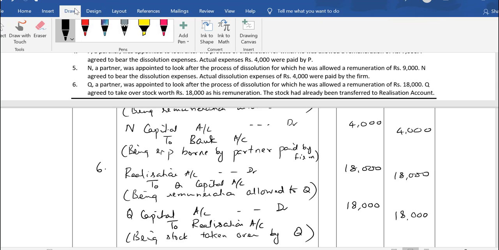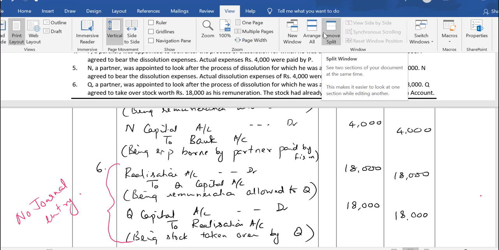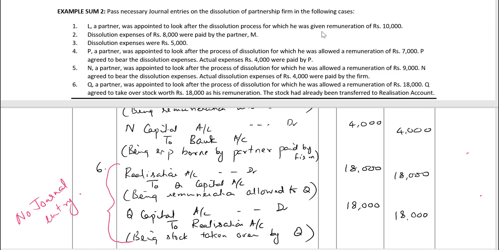The second entry is the reverse of the first entry. So we can even write no journal entry as the answer to this question, because both the journal entries cancel each other. So effectively, there will be no journal entry for the question number 6. So this is the answer. I'll remove the split. We can view all the journal entries together.